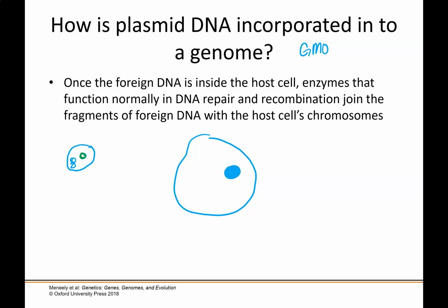If this is a eukaryotic cell, we can use the bacterial cell to infect our eukaryotic cell, essentially allowing that plasmid to enter the eukaryotic cell, and then these repair and recombination enzymes can use a sequence within our plasmid to recombine with the eukaryotic genome to actually express the gene where we want it to. Now, this will happen at a place that has a similar sequence between our plasmid and our eukaryotic genome.